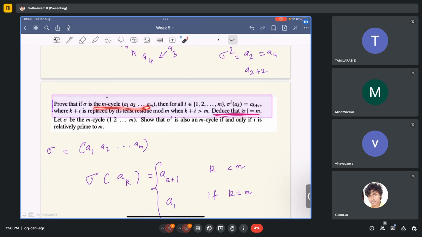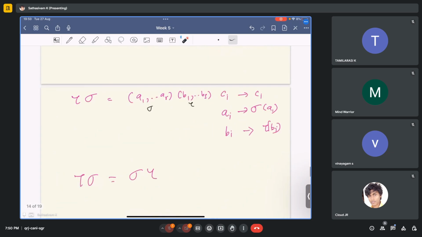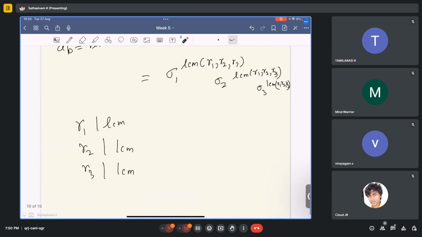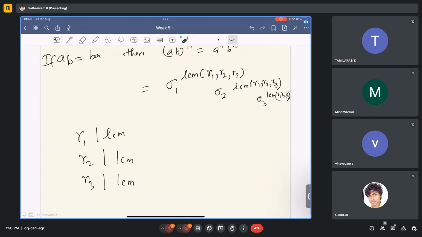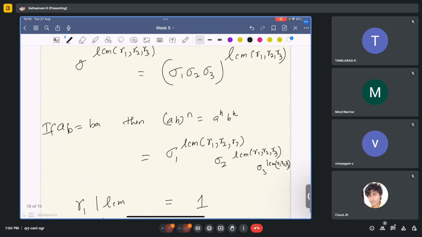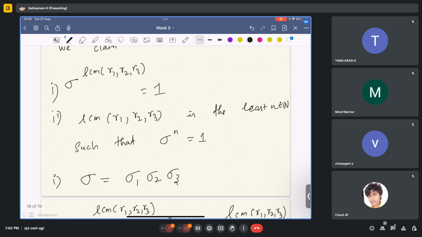If you take an M cycle, then the order of the sigma is nothing but M. This we have proved. So this order is R1, but then R1 divides the LCM, so this will become 1. So we have proved the first step.